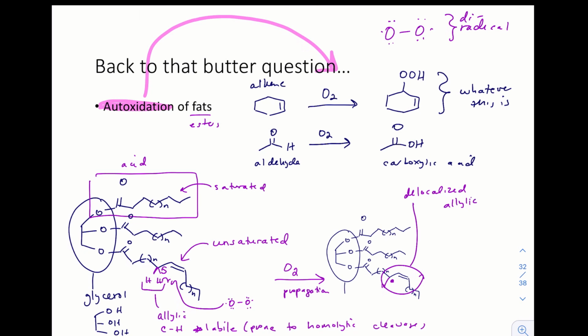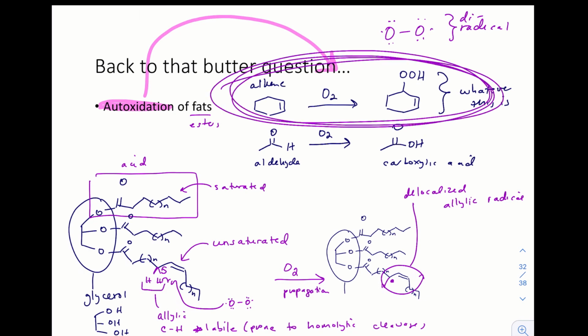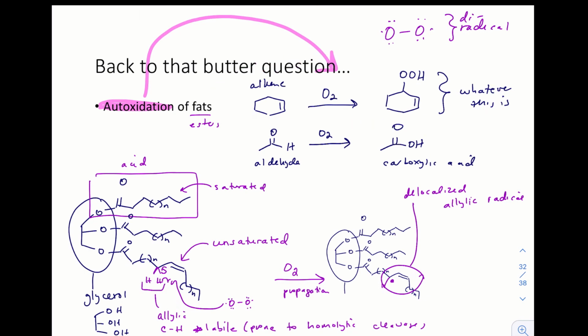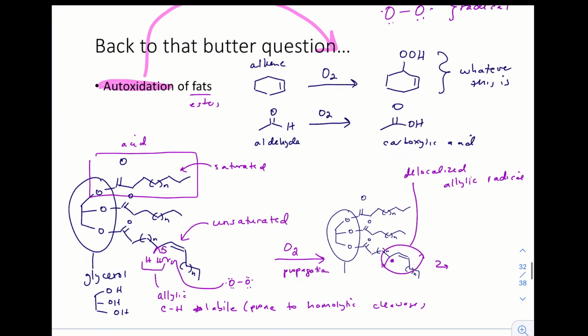So, delocalized allylic radical. And that delocalized allylic radical can undergo a termination reaction to form this oxidized product. Let's see how small I can make this. Well, it turns out I can make it pretty small. So it can undergo termination and generate this species.